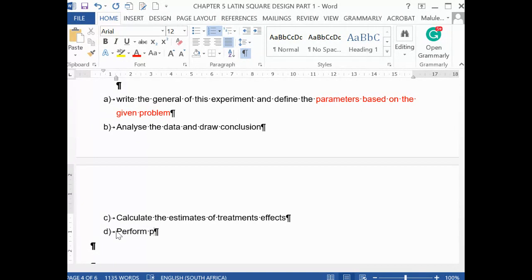Or you can say perform pairwise comparison if necessary, isn't it?